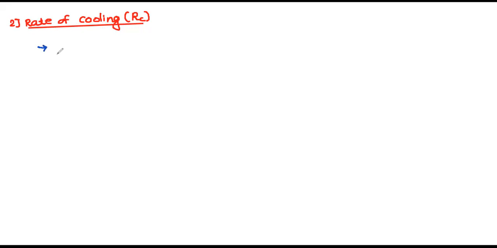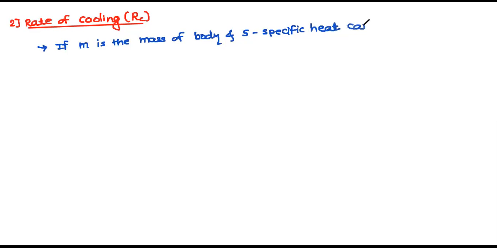Now, if m is the mass of the body and S is the specific heat capacity, then what we are having is Q equal to ms delta theta.